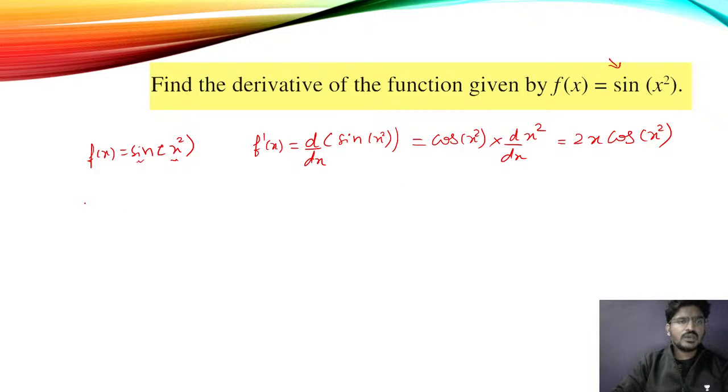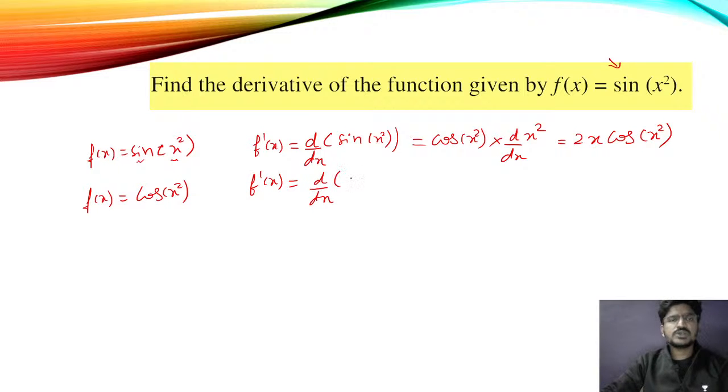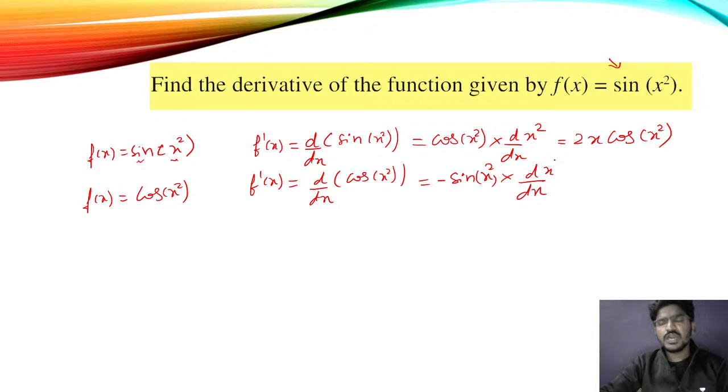In the same way, if I write f of x equals cos x square, what will be our answer? Our answer will be in the form of f dash of x, that is d by dx of cos x square. Here d by dx of cos x square is minus sin x square multiplied with d by dx of x square.